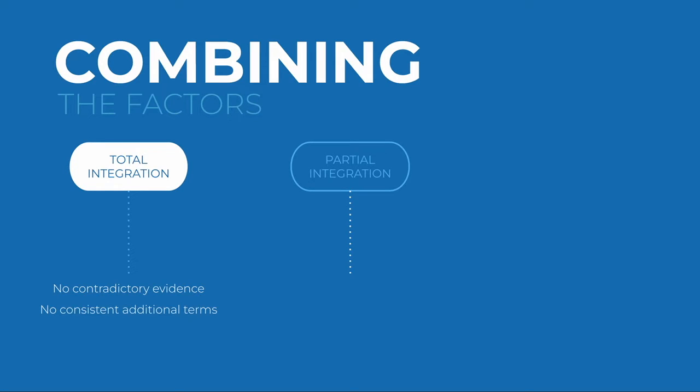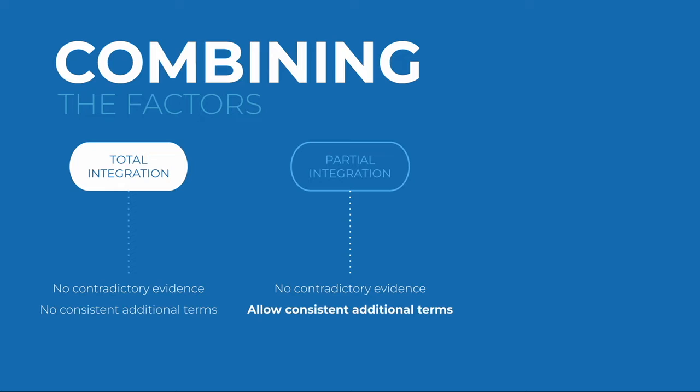But if we're in the middle, if it's a partial integration, which is what we said in our case, and we'll apply it to our facts in a second, meaning what's there is final but not complete, then the court will say you still can't contradict what is there. You cannot put in extrinsic evidence to contradict the terms that are in the writing.